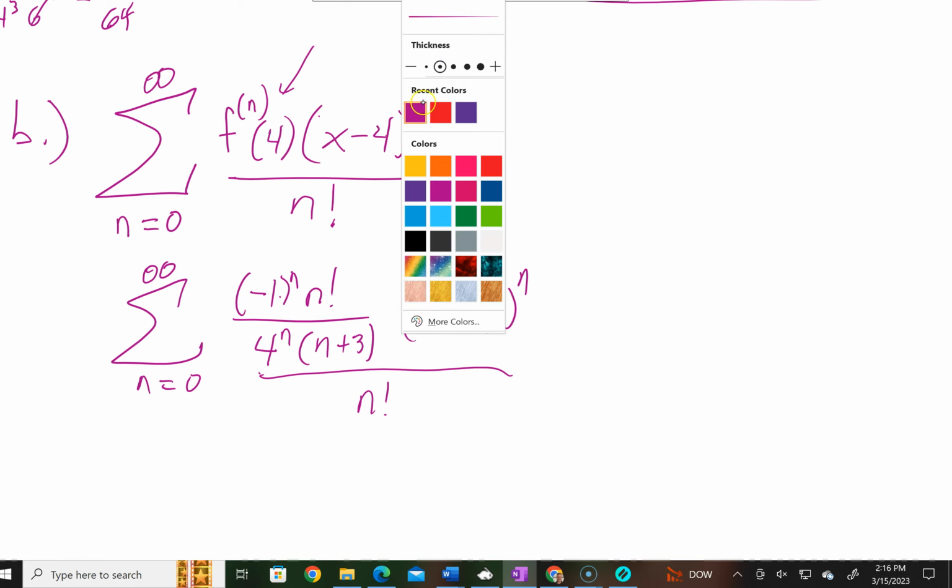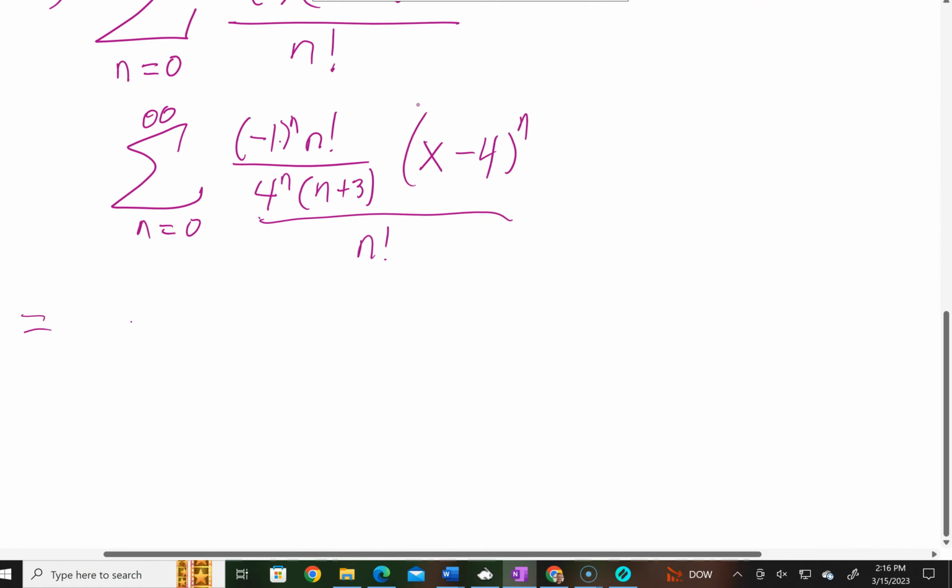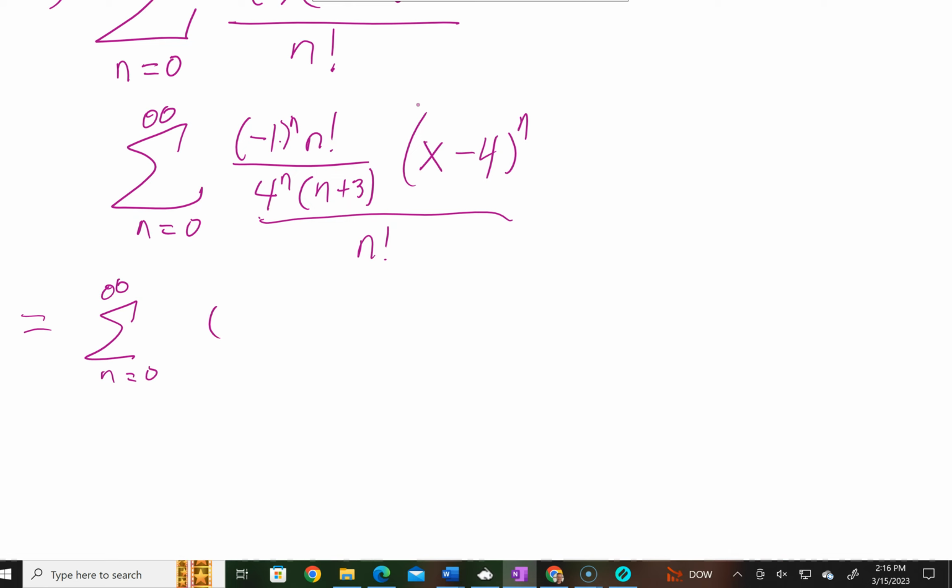Here's what I'm talking about. And we could throw in this intermittent step just to make it super clear. When I'm dividing by any term, like look at this, we've got this right here. If I'm dividing by n factorial, that's the same thing as multiplying by 1 over n factorial. Now kids will say, do you have to show that?